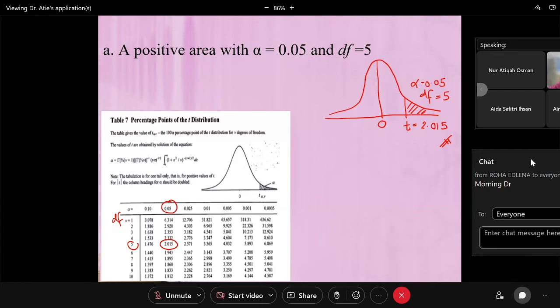Okay, so can you please do part B? Please do part B. It's similar to part A. Okay, once you get the answer, you can always check your answer on page 108.